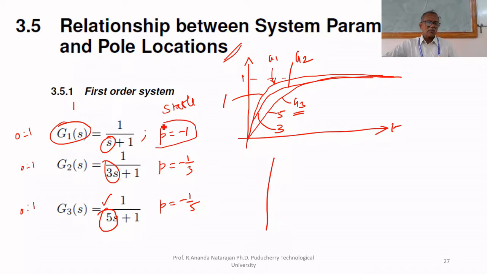If you talk in terms of poles, all are real poles. Which is closer to j omega axis? -1/5 is closer to j omega axis.